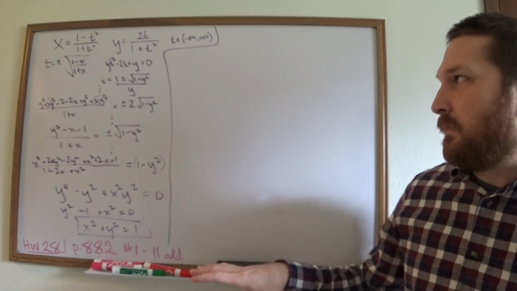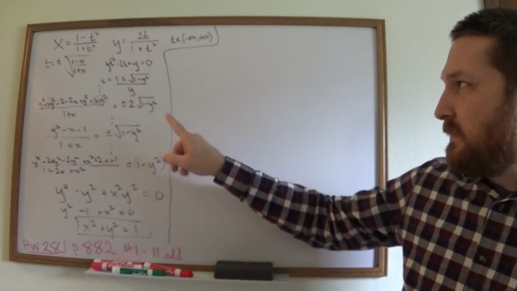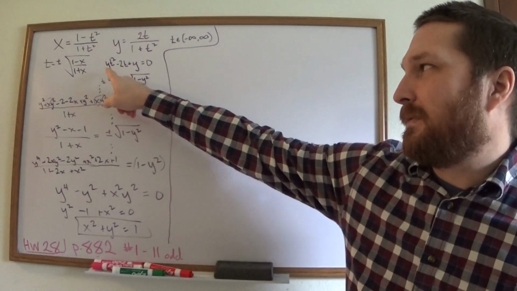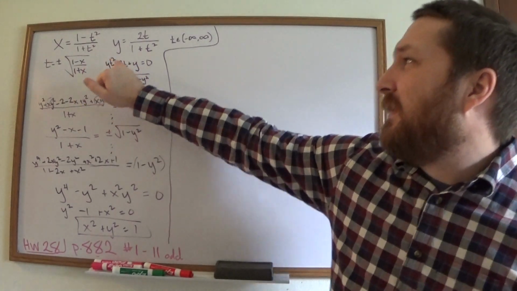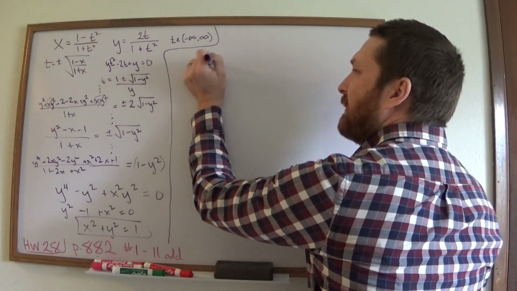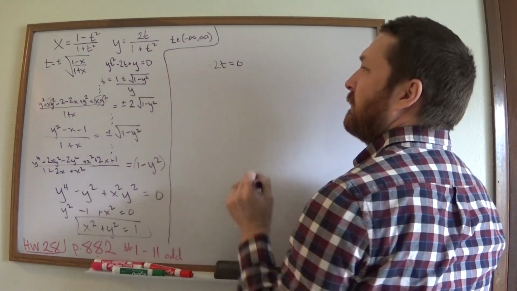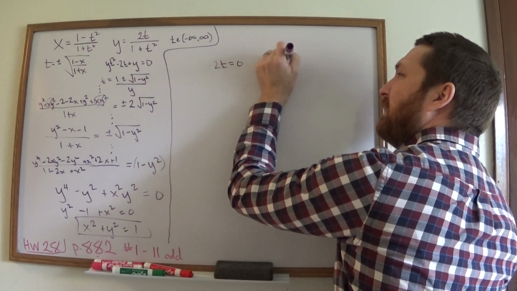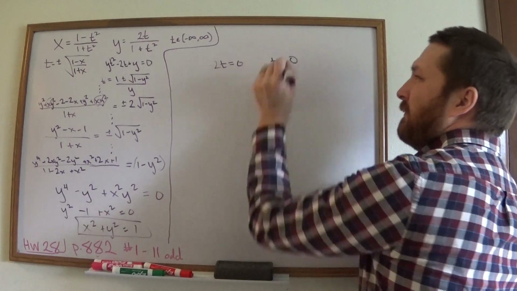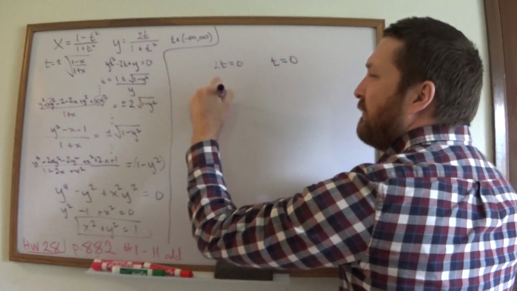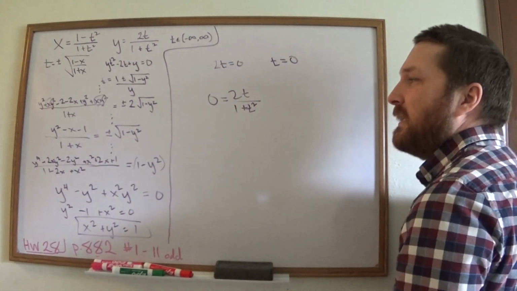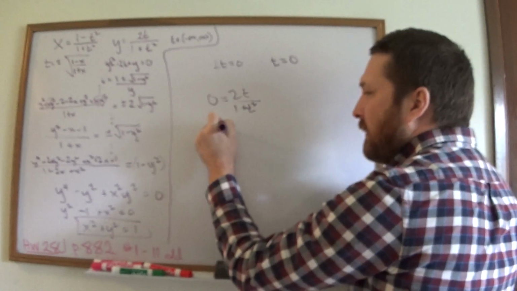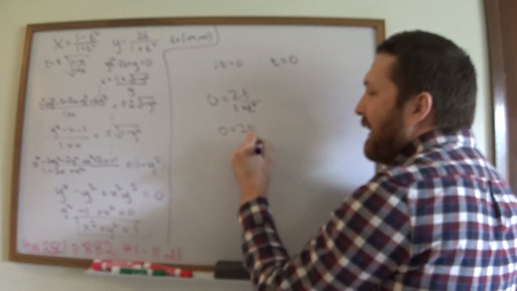But what if y were 0? Well, hold up. If y is 0, you wouldn't have done this in the first place, would you? If y were 0, this equation would reduce down to 2t equals 0, which means that t equals 0. Or even from the very beginning, if you'd started with this right here and you're going to solve for t, you'd say, if 0 is equal to 2t, oh yeah, t equals 0.